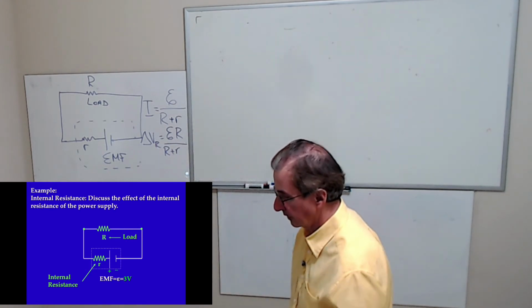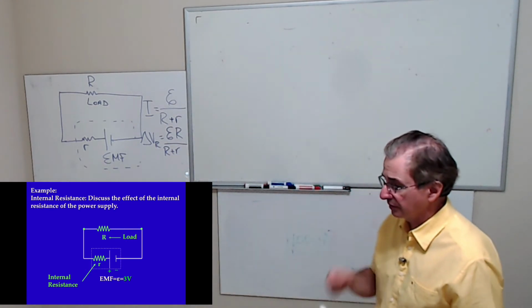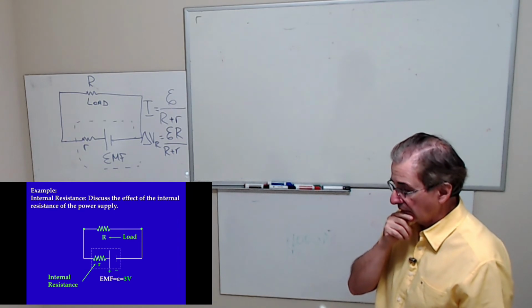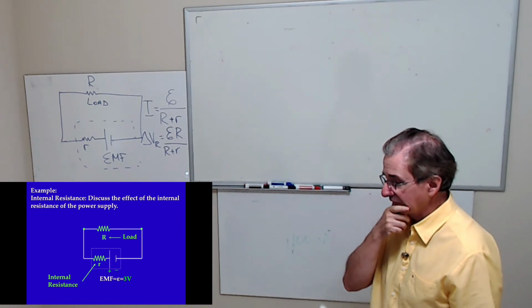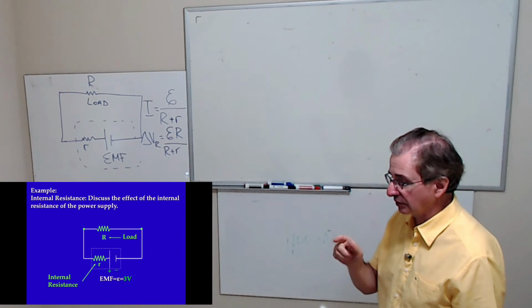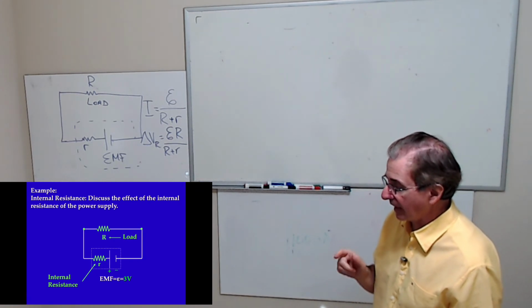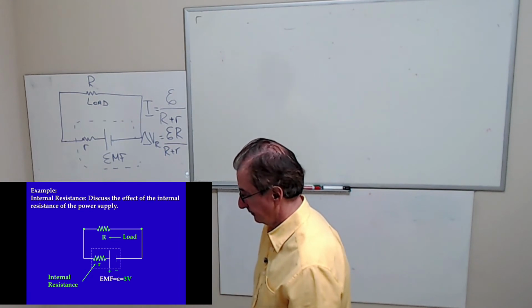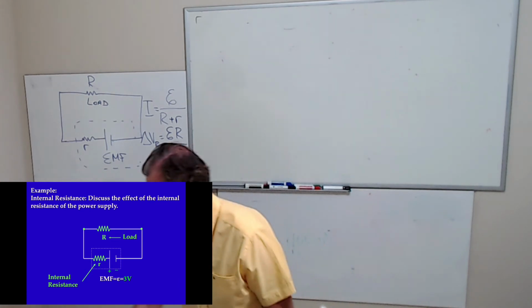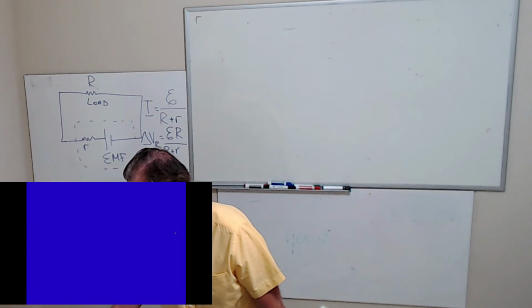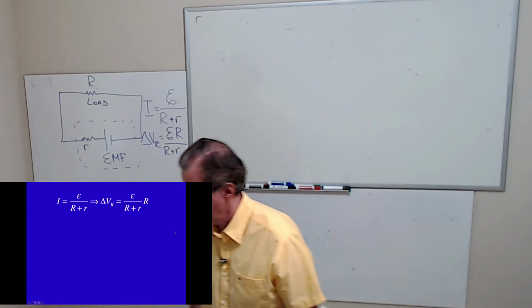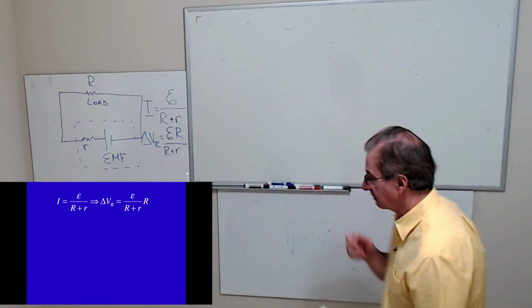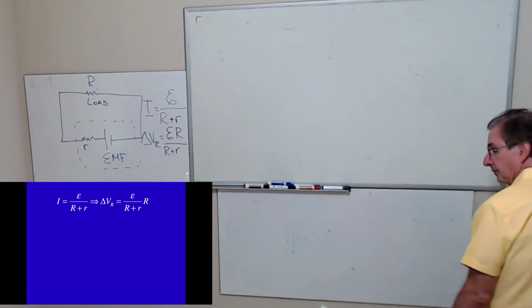Okay. The question I want to ask is, what should the relationship between little r and big R be so I can maximize the energy to the load? I want to maximize the energy transfer to the load.